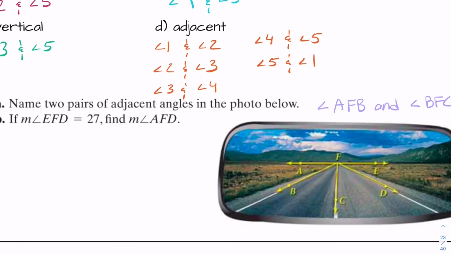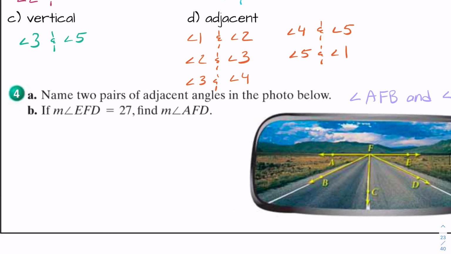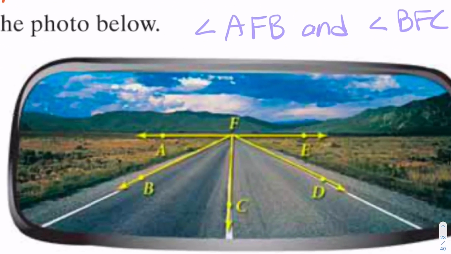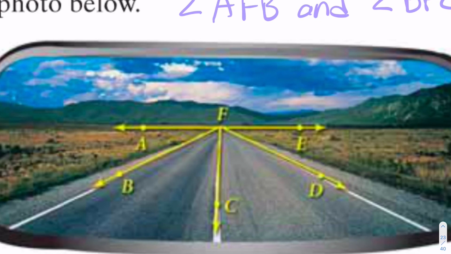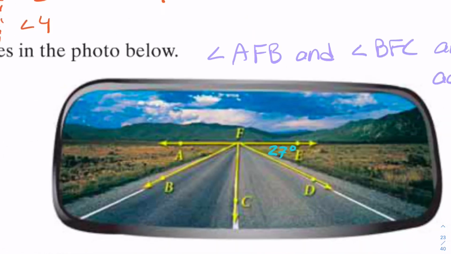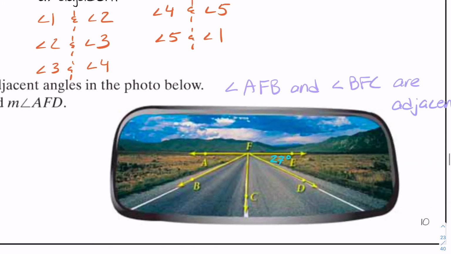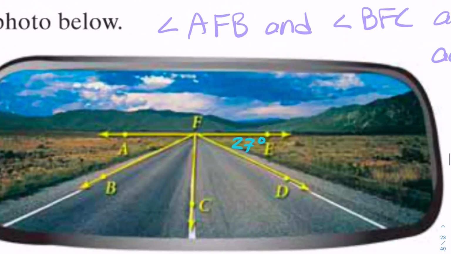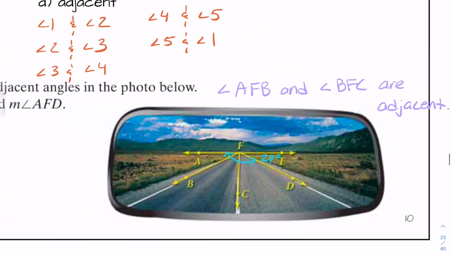And if the measure of EFD is 27, find the measure of AFD. So AFD, the question is, how much does this add up to from here to here if that other piece is 27?